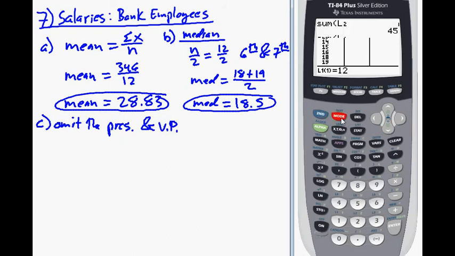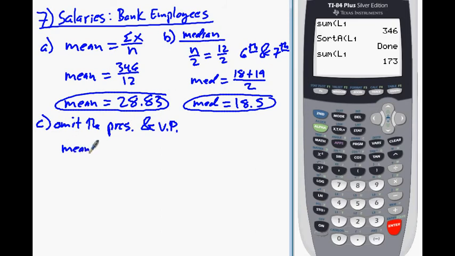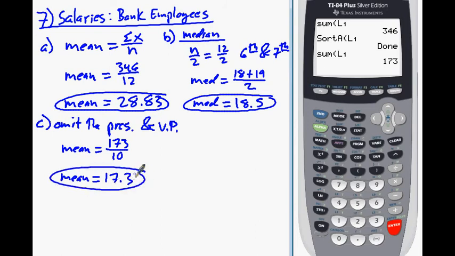We can recalculate our sum. And that turns out to be 173. And our total is now 10 employees, which means it's, of course, 17.3 for the mean.